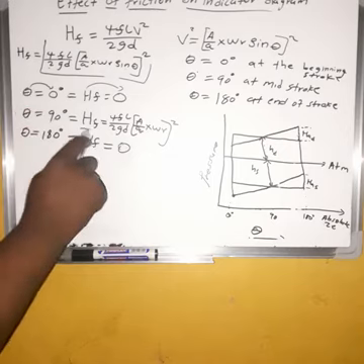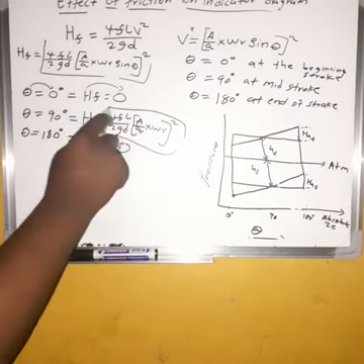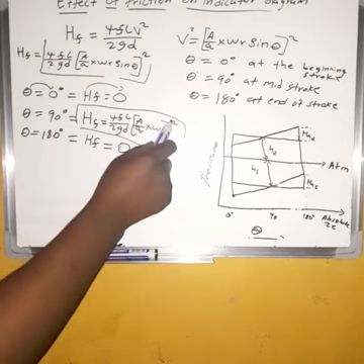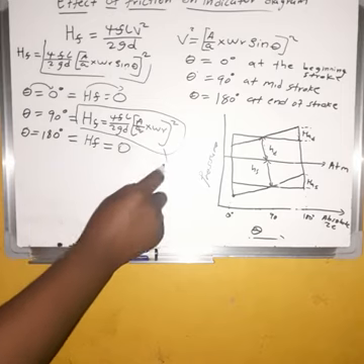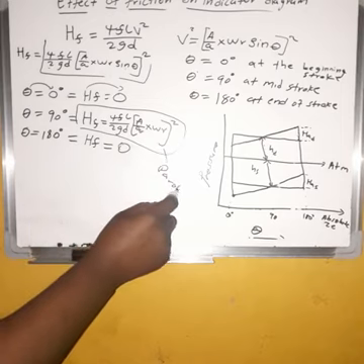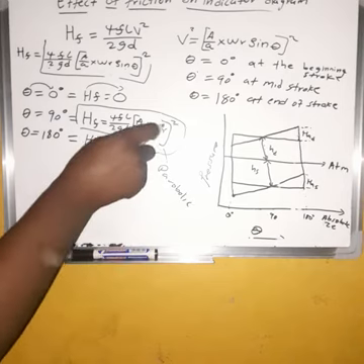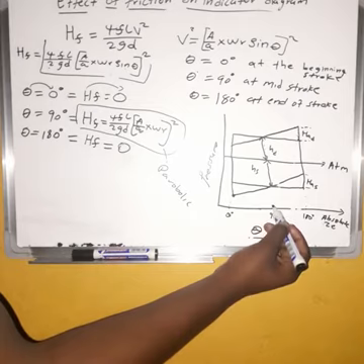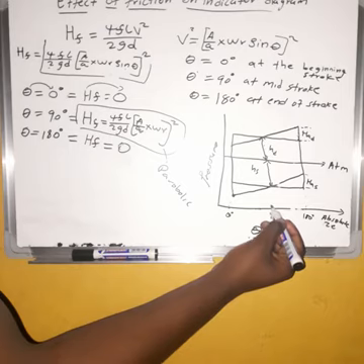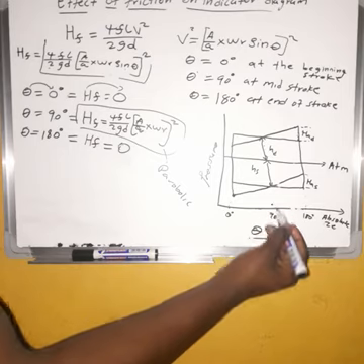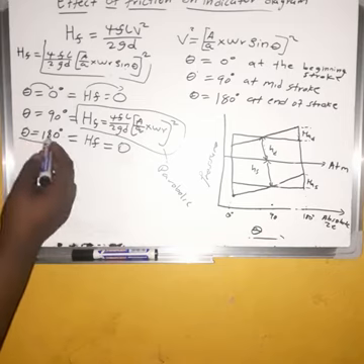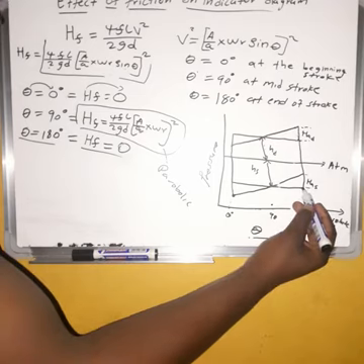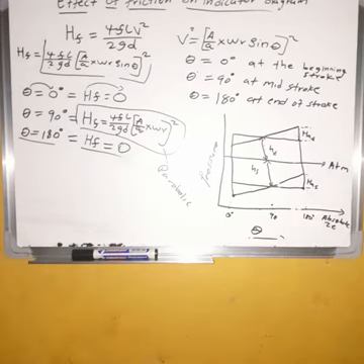We'll have a parabolic shape. We don't know this value, but because there is a square, it is parabolic. That means somewhere here we have the maximum. What about when theta is 180? HF is 0.